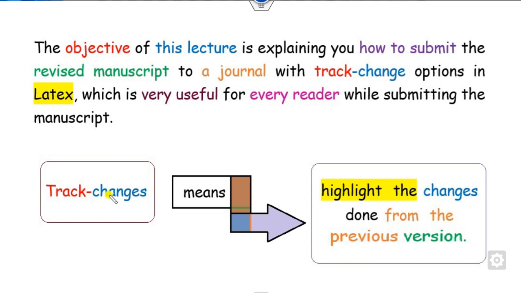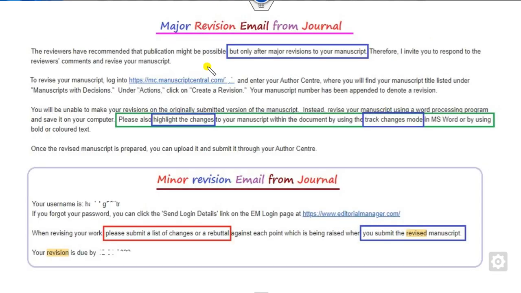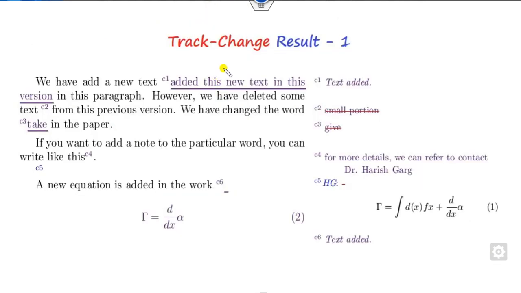What is the meaning of track changes? It means you have to highlight the changes you have made from the previous version of your manuscript to the revised version. Look at this: if you want to submit the revised manuscript, I have added this text edit, this underline.